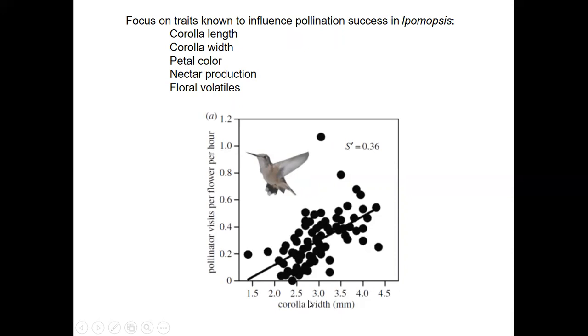And here we're looking at the width of the corolla, which is the collective name for the petals. So plants with wider flowers receive more visits by hummingbird pollinators, and we can get an estimate of selection. It's called a standardized selection differential, which is the covariance between these 2 traits divided by the standard deviation of the trait.